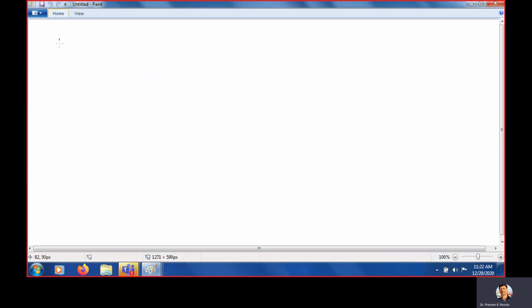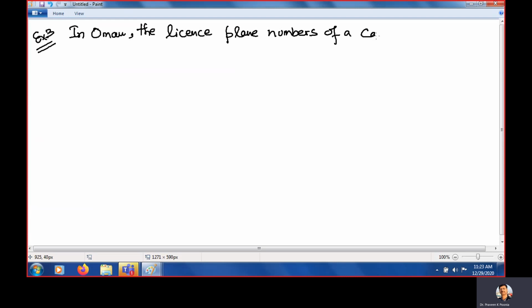Now we'll move to a very good example and you will enjoy this example. Clear? What is this example? It is related to our country. In Oman, the license plate numbers of a car, clear, what are they using?